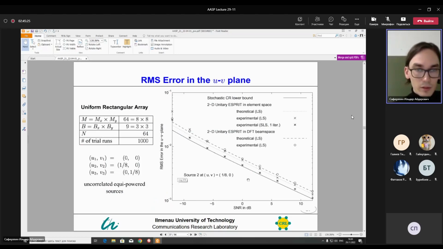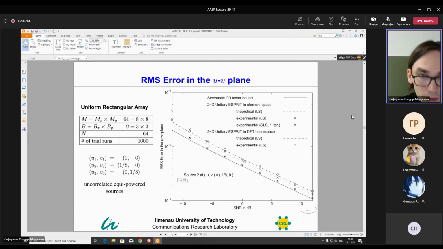For example, if we compare least squares for element space and least squares for DFT beam space with these experimental results, you can see that the difference between this circle and the cross is really small.